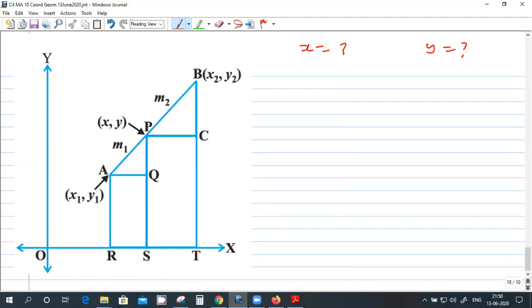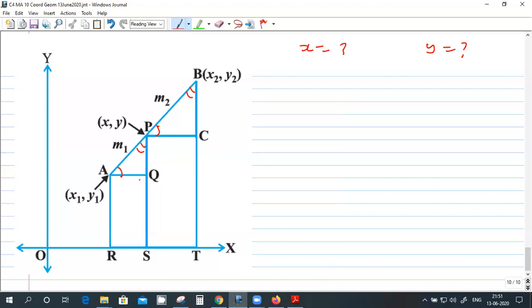So this angle is 90 degrees, and this angle is also 90 degrees. This angle is the same as this angle, and this angle is the same as this angle. So these two are similar triangles.